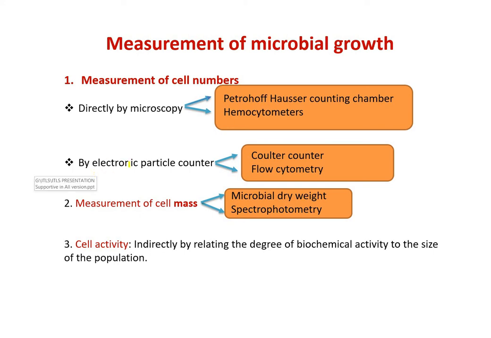Then cell numbers are counted by the electronic particle counter, that is the Coulter counter, and by flow cytometry.